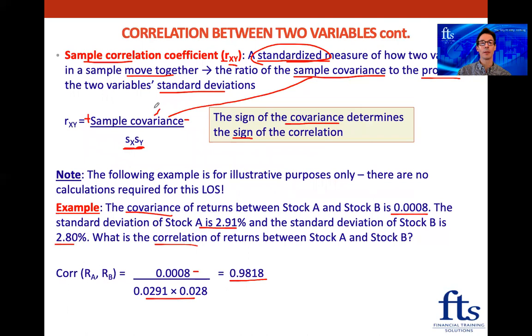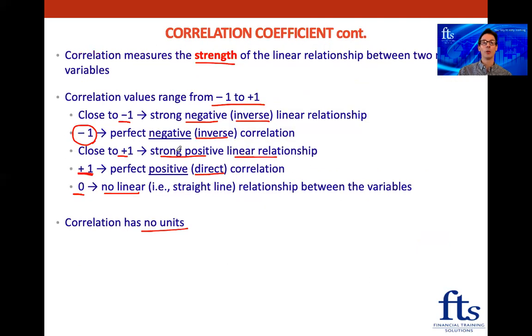We've got percent squared over there, just like we had with variance when we did variance a few classes ago. And then our standard deviation is in percent, so we've got percent there multiplied by percent over there. So this means that the percentage squared is going to cancel out. So we have got no units with correlation. We only go in this range from -1 up to +1, no units.